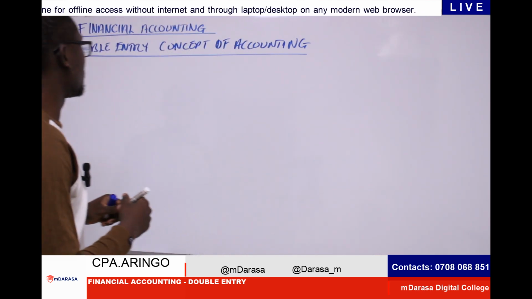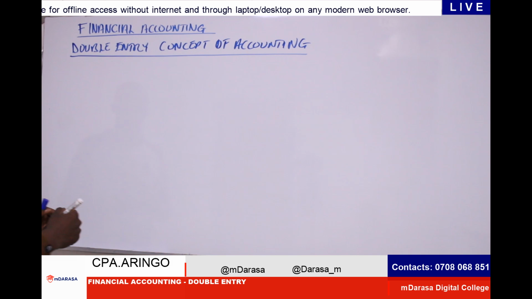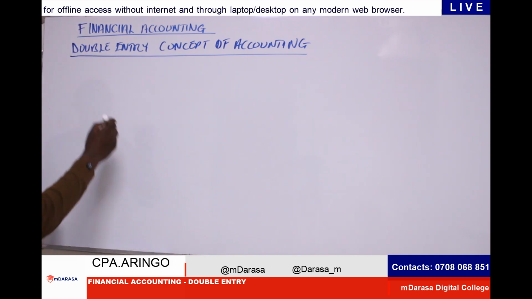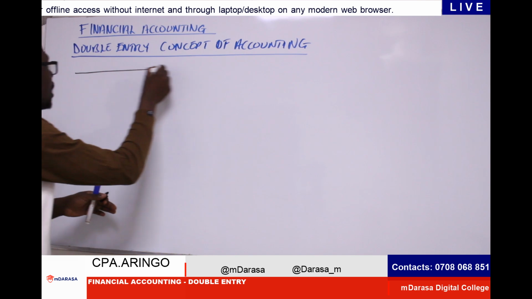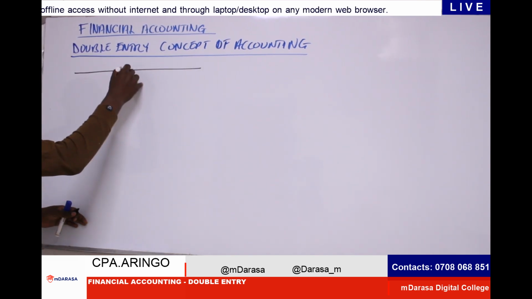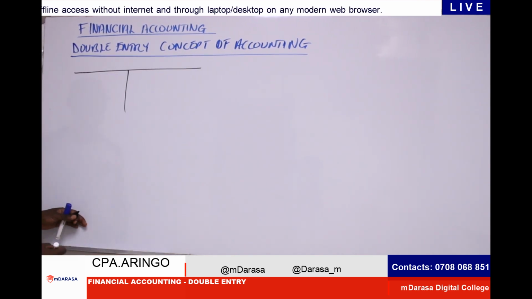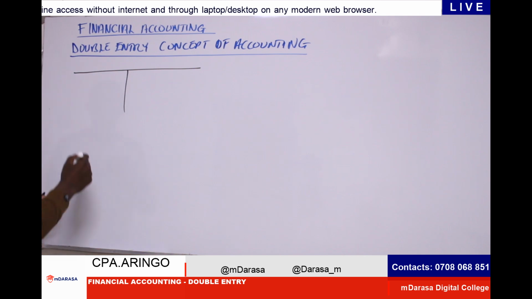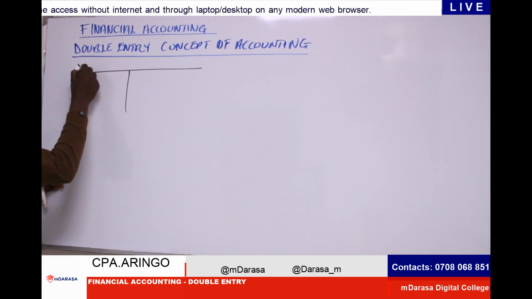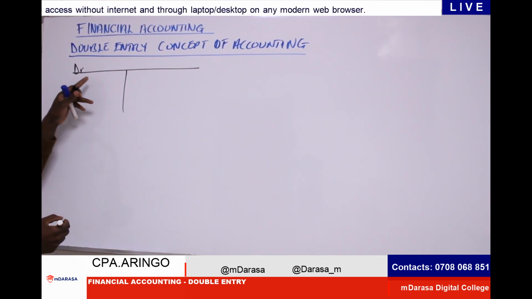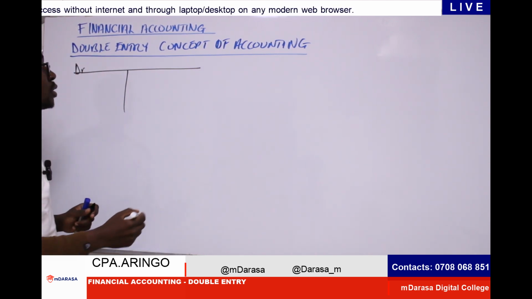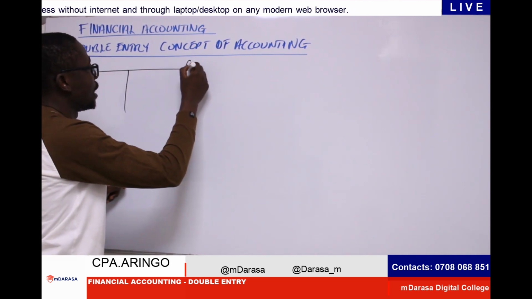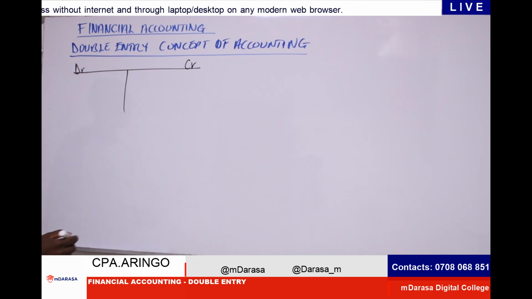In this case, my good students, we'll be looking at the concept of an account, which will always have two forms. The left side, we normally refer to as the debit, DR, whereas the right side will always be referred to as the credit, CR.